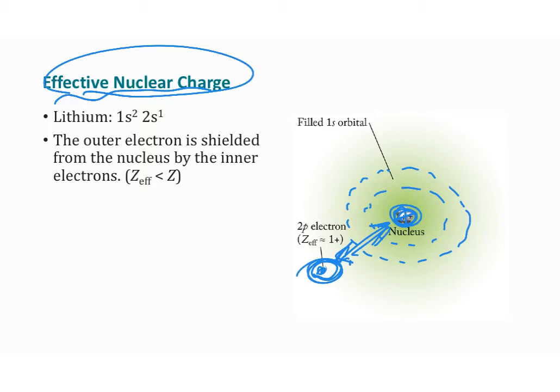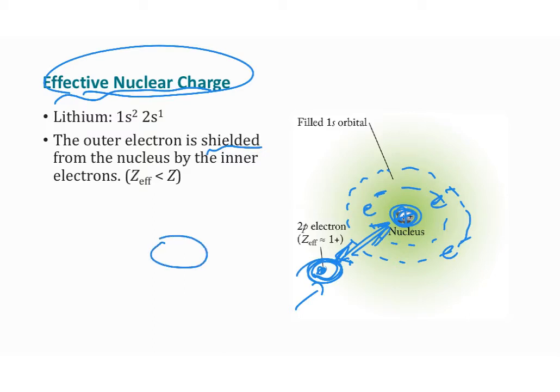Another oversimplified way of saying that is the farther an electron is from the nucleus, the attraction goes way down, not only because of distance, but because of all of the, we call them inner core electrons, that are effectively shielding the nucleus from the outer ones. So that's effective nuclear charge.